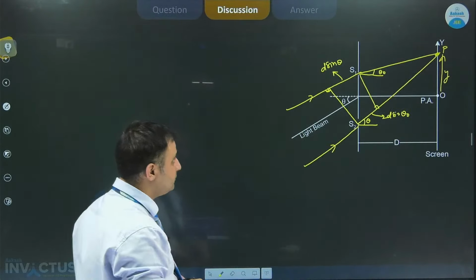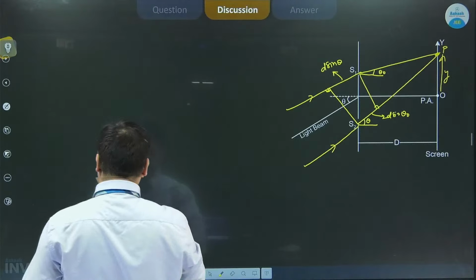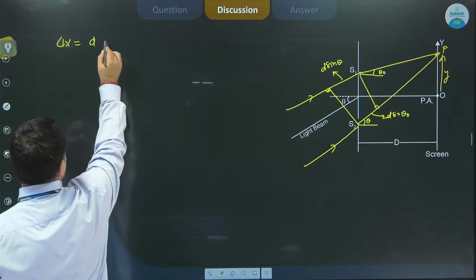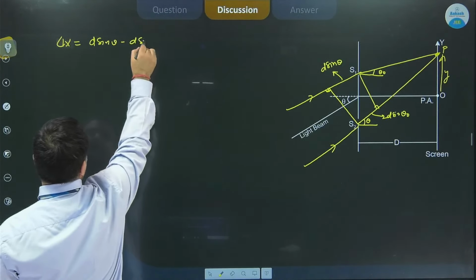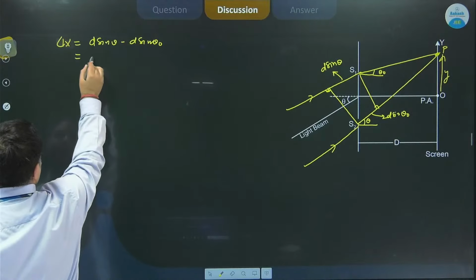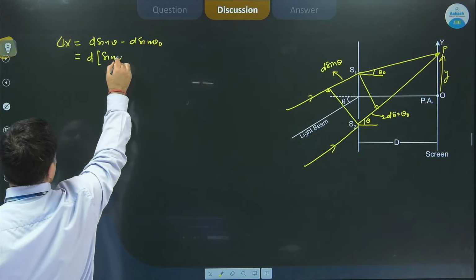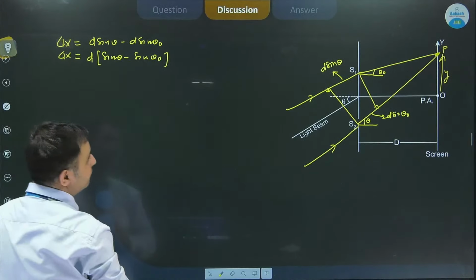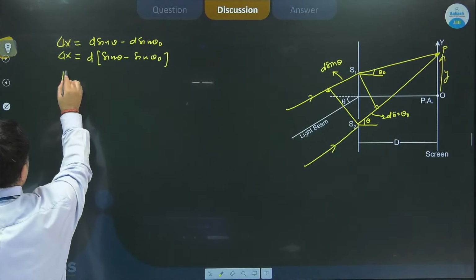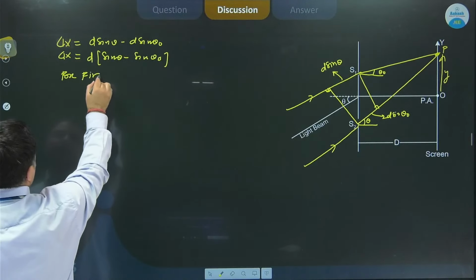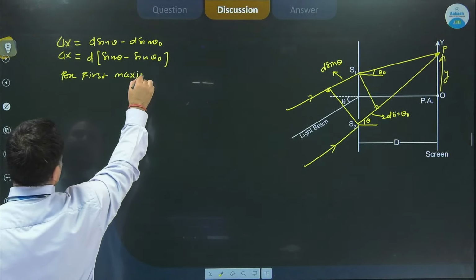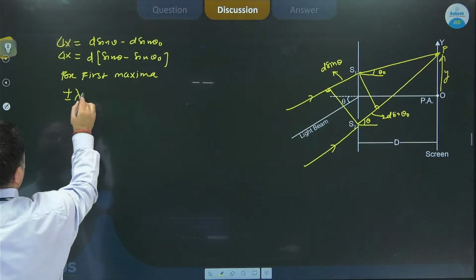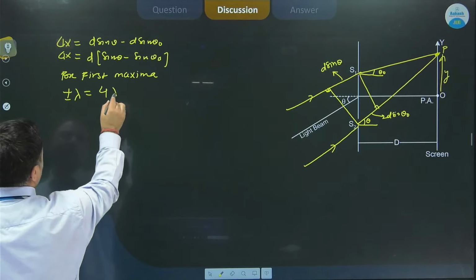Now net path difference will be delta x is equal to d sine theta minus d sine theta naught. Taking d common, delta x is d times sine theta minus sine theta naught, and we are solving for first maxima. So for first maxima, delta x should be plus minus lambda, and small d is given in the question as 4 lambda.